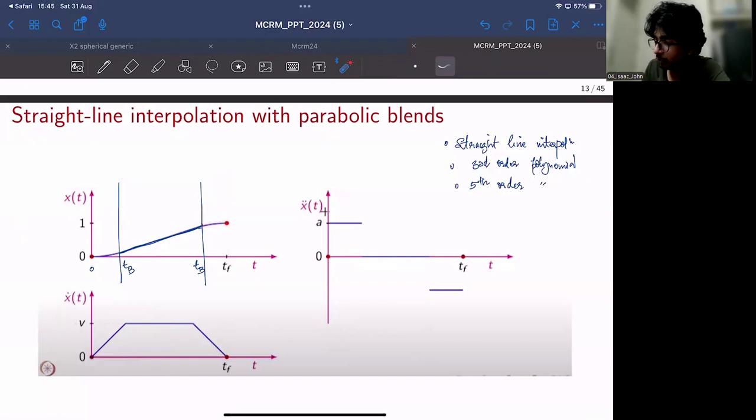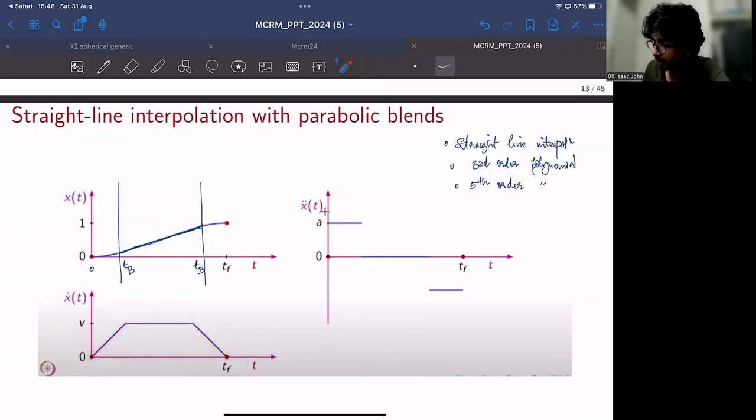So how would the velocity profiles look? Since this is a straight line, its derivative would be a constant. Since this is second order parabolic, the velocity will have a linear increase, then a constant velocity, then a linear decrease.